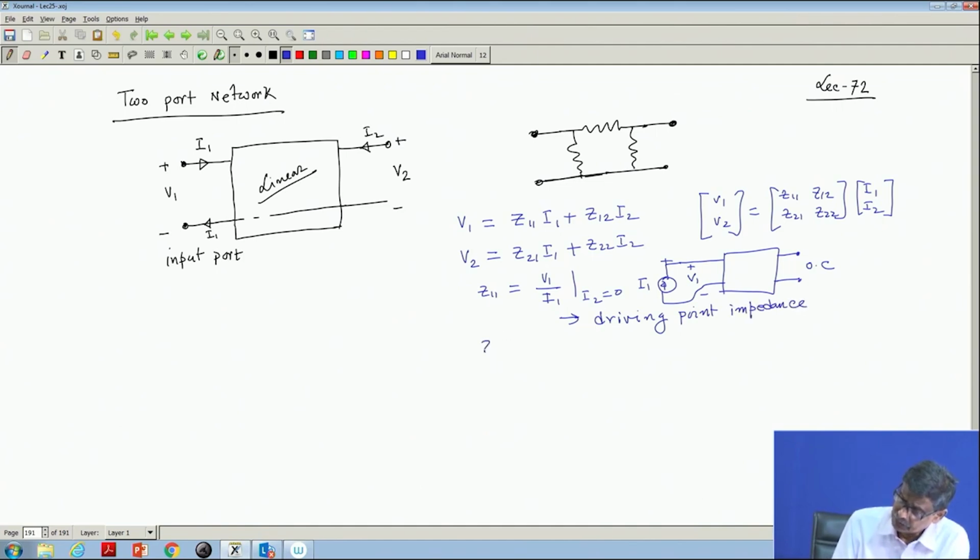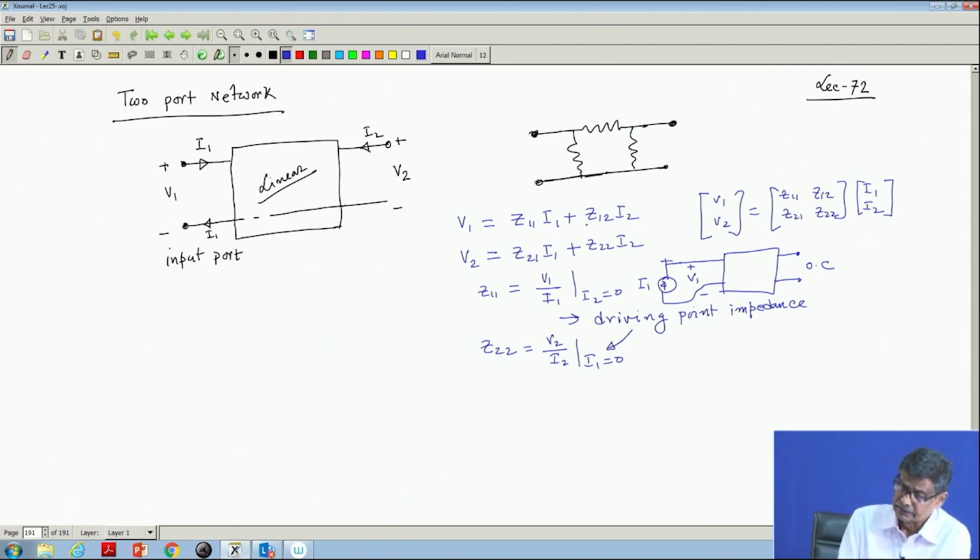Similarly, Z22 will be V2 by I2 with I1 equal to 0, that is, excite the other port with a current source I2, and find out what the voltage is between these 2 points with this side open. This is also another driving point impedance.